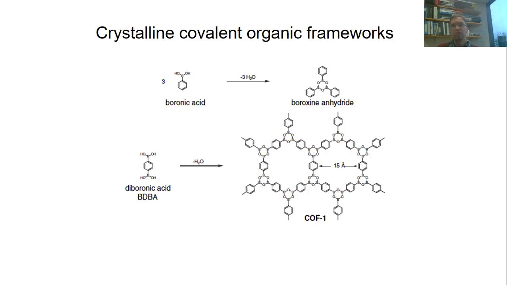So what now makes the bonds labile? At first glance, you would say, well, the boron-oxygen bond is pretty strong, and the boron-carbon bond is also strong. But we have water here, which is getting eliminated from the reaction system as the polycondensation continues.